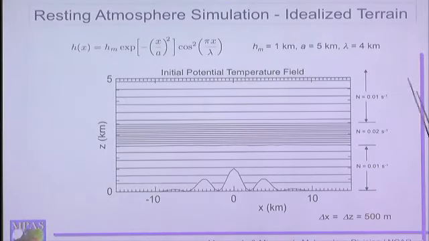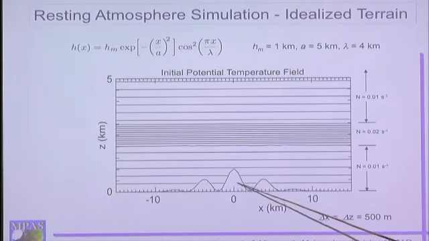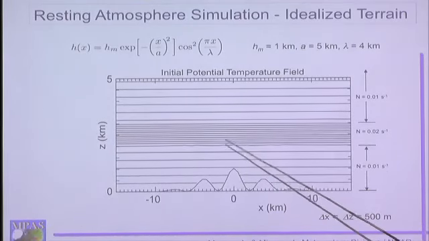So let me give you an idea of how this works. Here's a resting atmosphere simulation that we did using this Schär-type mountain profile. Instead of the 250-meter mountain Christoph used in his paper, this is a 1-kilometer mountain.